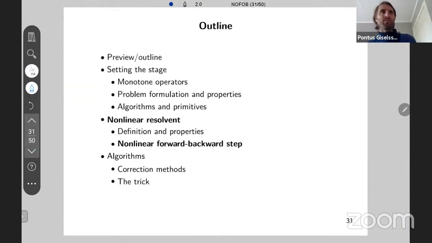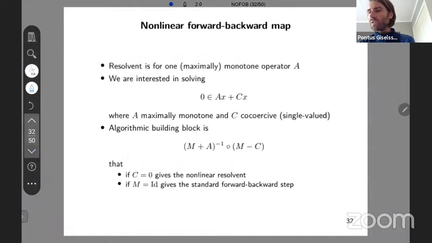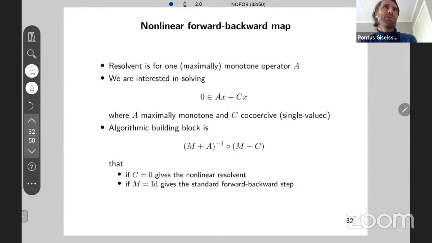And before we go on to see how this can be used, we introduce a nonlinear forward-backward map. What we had before was just the nonlinear resolvent for a maximal monotone operator A. But we will be interested in solving these types of problems where A is maximally monotone and C is cocoercive, which implies single valued.